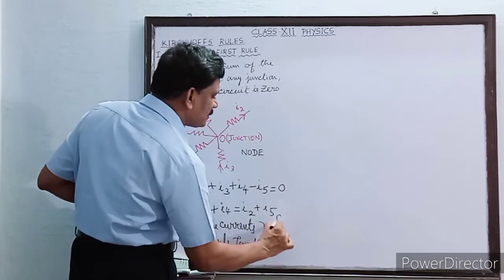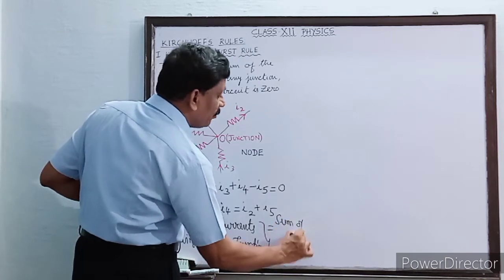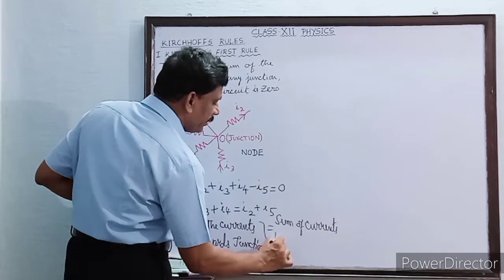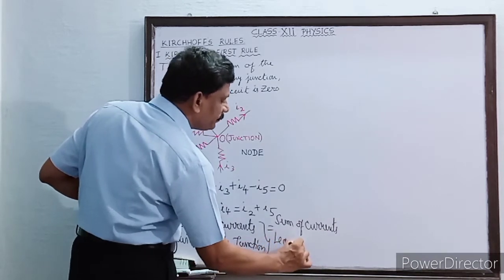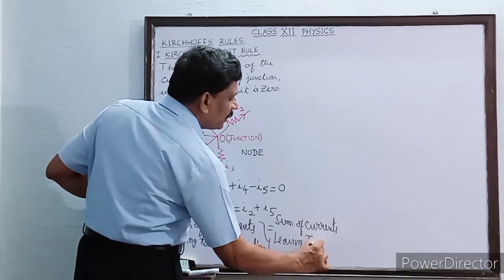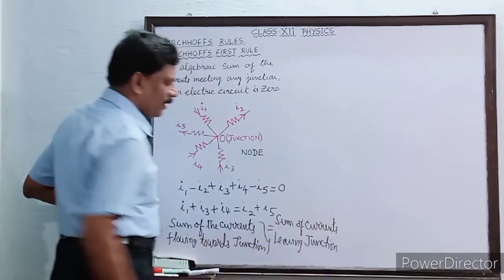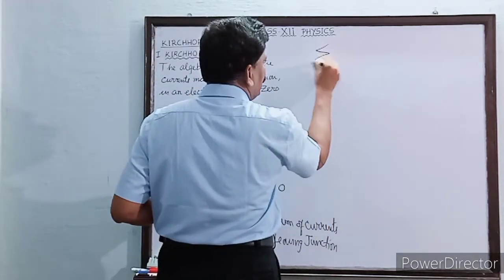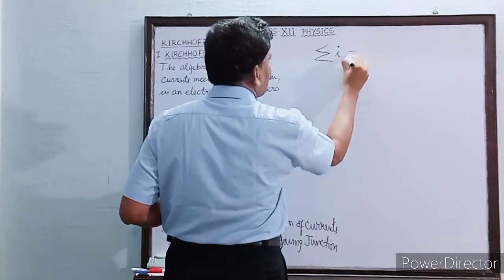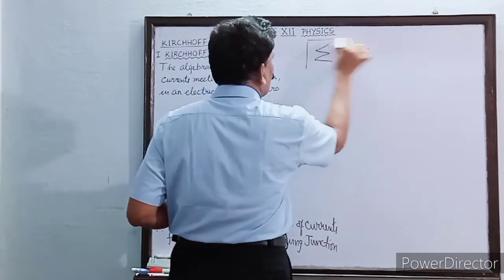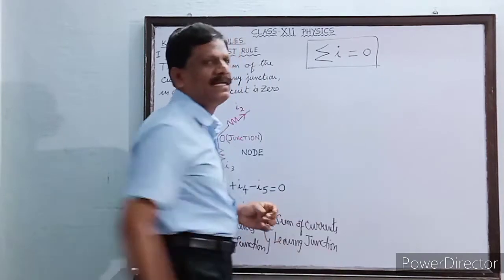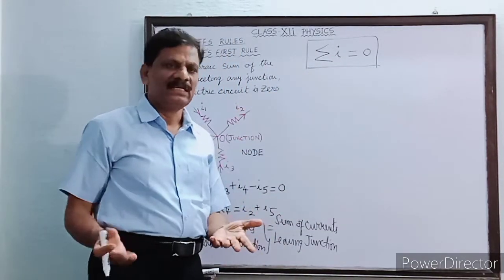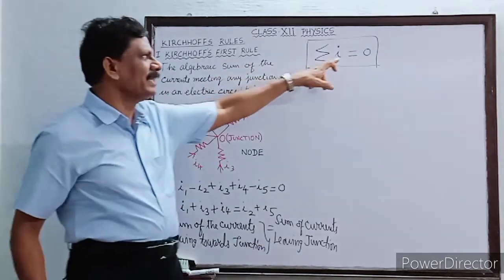Sum of currents leaving the junction. Now, mathematically this also can be represented by sigma I is equal to 0. So what is the symbol? Sigma means algebraic sum. Inside what quantity is written? Current. Therefore, the statement is in the mathematical form now.